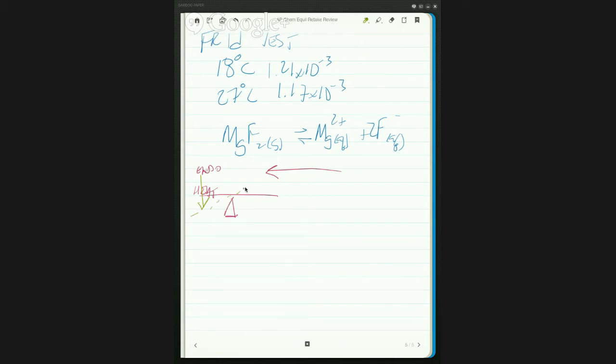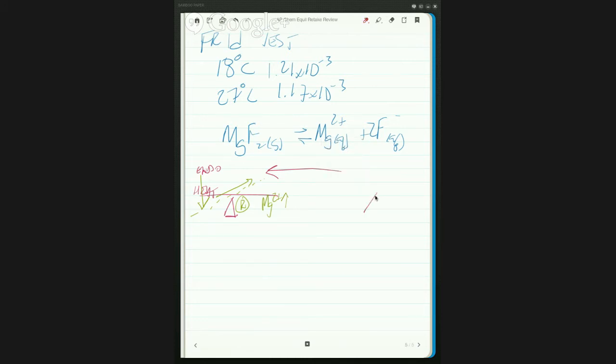So if it's endothermic, we push heat down, that means the equation is going to shift to the right to get back to equilibrium. It's going to favor the products, which means that the concentration of Mg2+ should go up. But that is definitely not what happened, okay?